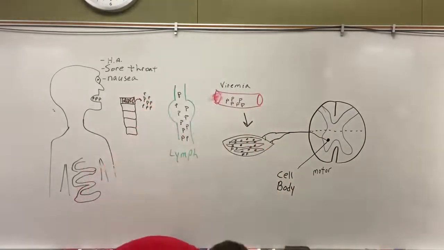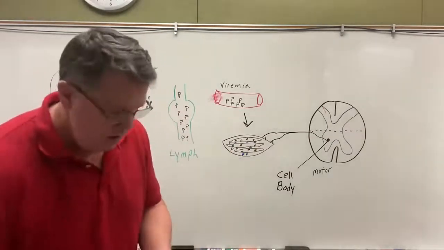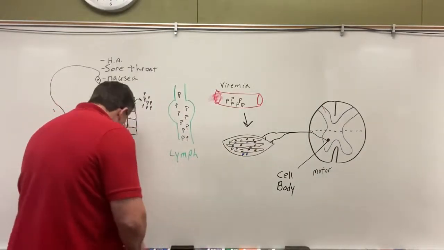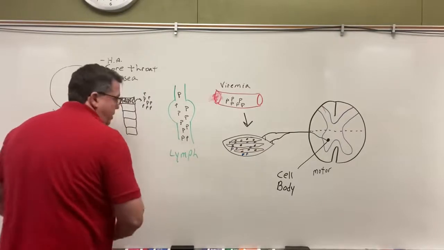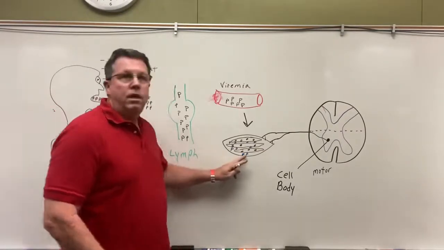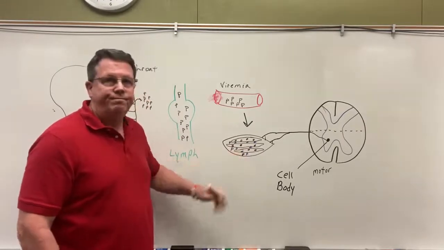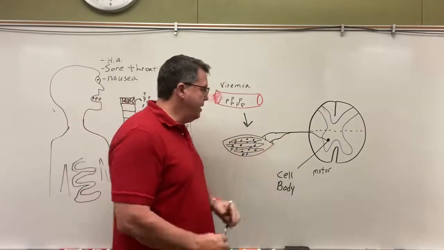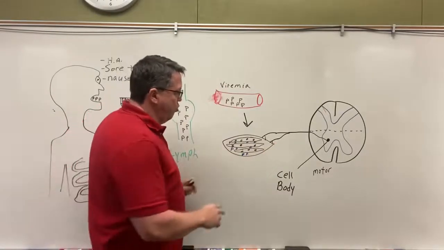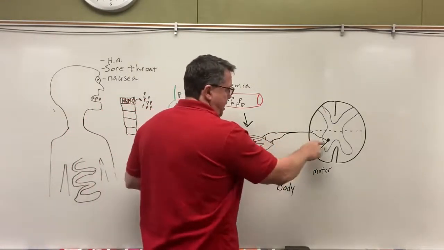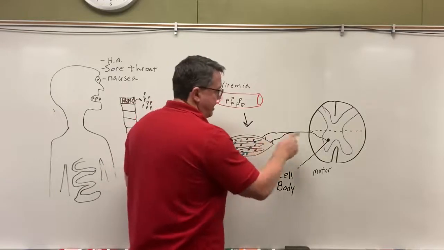So what happens now is, if you recall, I said we have the polio virus here in the muscle. And what it does is it's actually going to travel towards the cell body. Okay, it's actually going to travel towards the cell body.